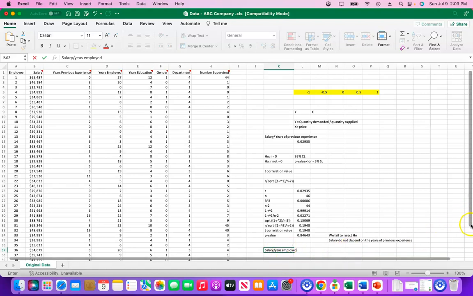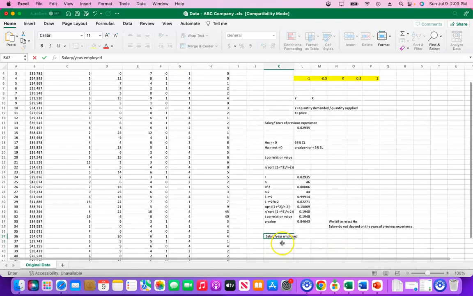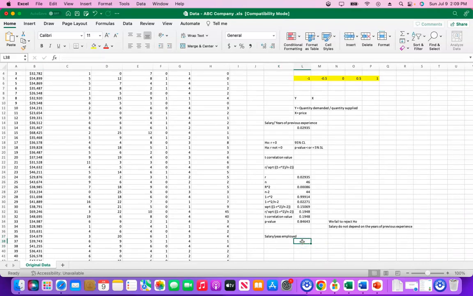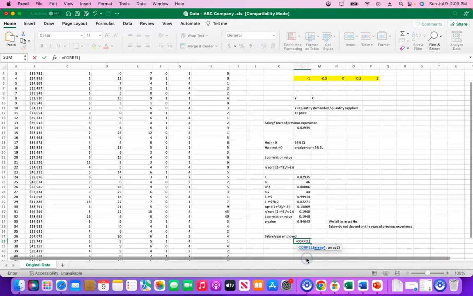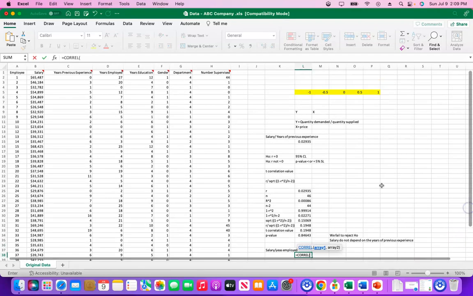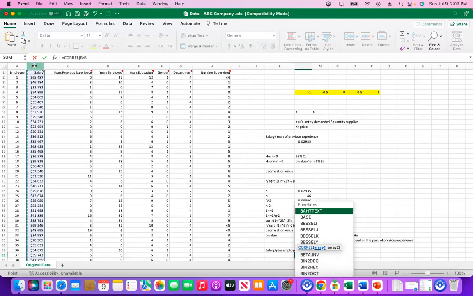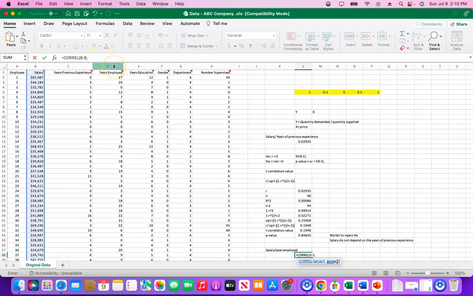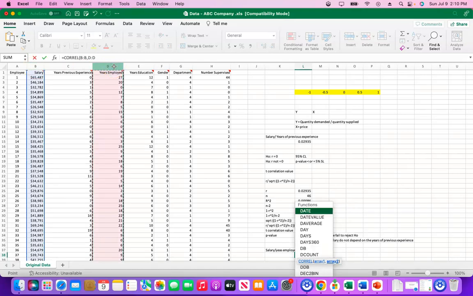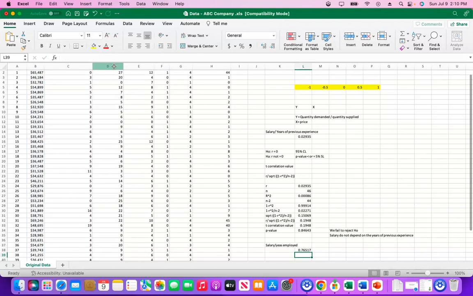And let's see if there is any correlation. So I'll put equal sign and type CORREL, and all I'm going to do is the first array will be our salary, comma sign, and then we're going to select years employed, and we'll close the bracket and see what correlation we have.